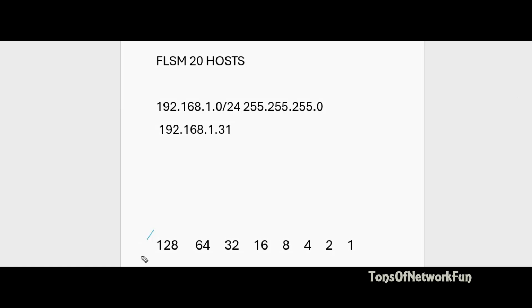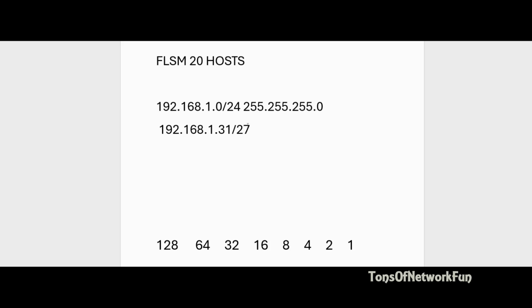This much was 24, given to us. But now, from the host part, the 0 part, we borrowed 3 more bits: 1, 2, 3. We ended here. This is the last bit borrowed. So 24 plus 1 is 25, plus 1 is 26, plus 1 is 27. So our new slash value is /27.